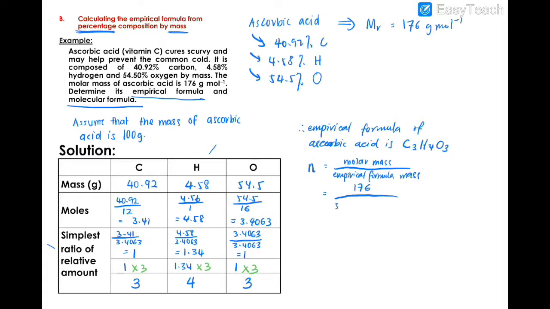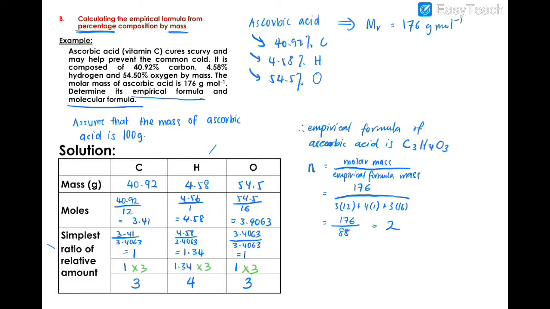So, empirical formula kita ada 3 karbon, so kena 3 darab 12 tambah dengan 4 hidrogen darab 1 tambah dengan 3 oksigen darab 16. So, apa yang kamu dapat di sini adalah 176 divided by 88. Therefore, n is equals to 2.